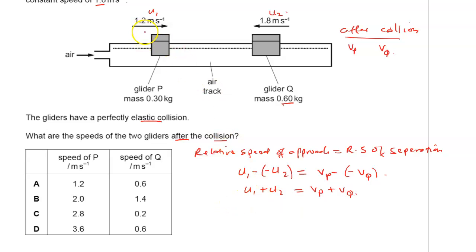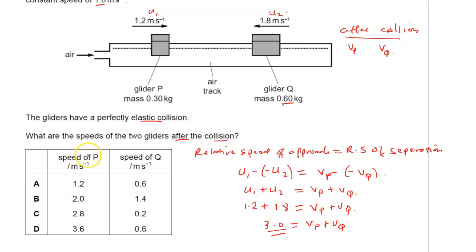Here, U1 is 1.2 meters per second plus 1.8, which equals VP plus VQ. So 3.0 equals VP plus VQ. When you add the final speeds of P and Q after collision, they should equal 3.0.